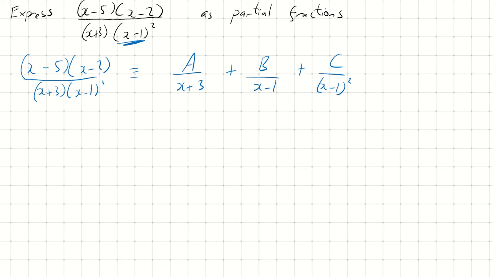To work out what A, B and C are, we're going to multiply both sides by the denominator, (x + 3)(x − 1)².